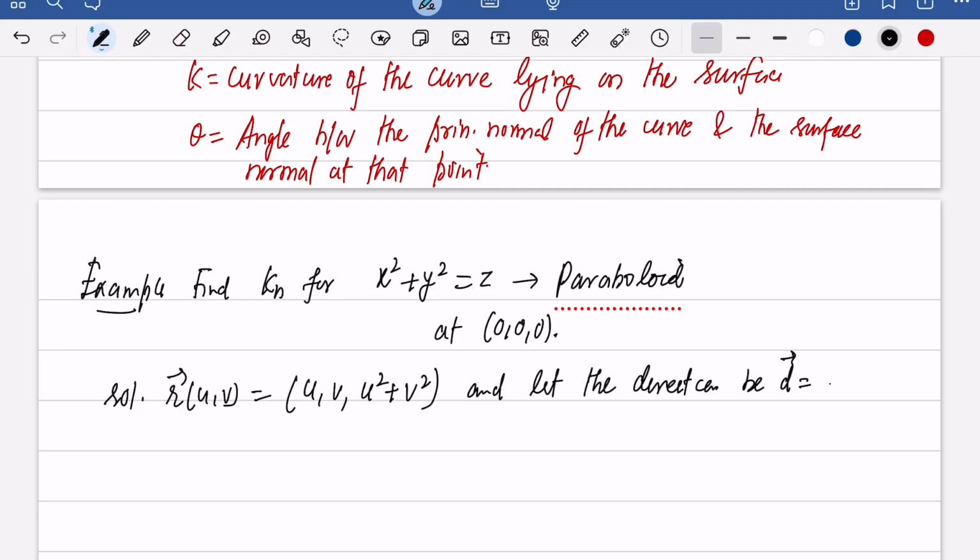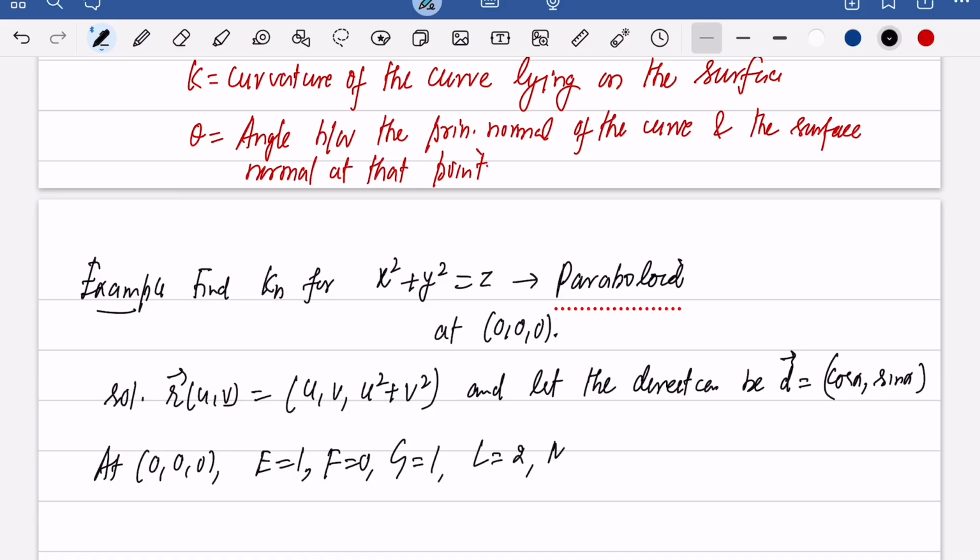d is equal to (cos alpha, sin alpha). So we are asked to find the curvature of this paraboloid at the origin in the direction of cos alpha, sin alpha, where alpha is some scalar. Then at 0, 0, 0, at the origin, we have E equal to 1, F equal to 0, G also equal to 1, L equal to 2, M equal to 0, N also equal to 2.